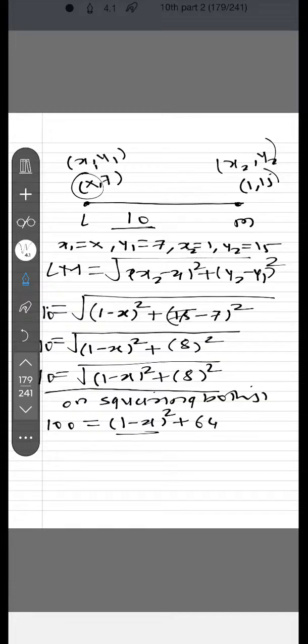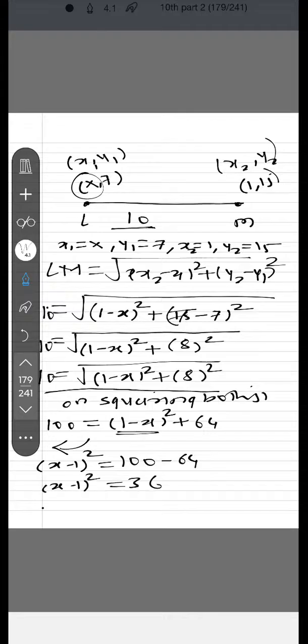Taking this to the other side, (x minus 1) square is equal to 100 minus 64, so (x minus 1) square is 36.